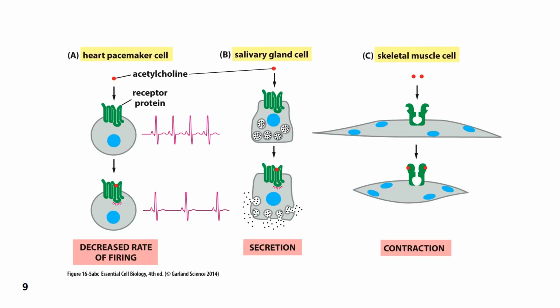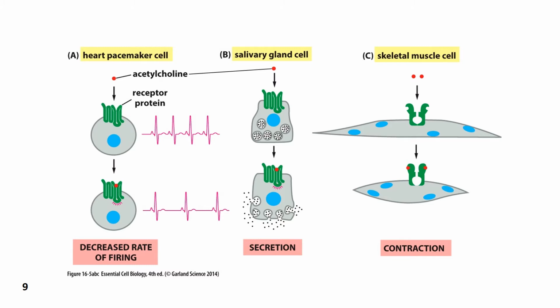Before talking about the receptors, I want to briefly talk about the response that a cell might have when a signaling molecule is bound to a receptor. Let's talk about a single signaling molecule, acetylcholine. Acetylcholine can induce a number of different cellular responses dependent upon the cell type.